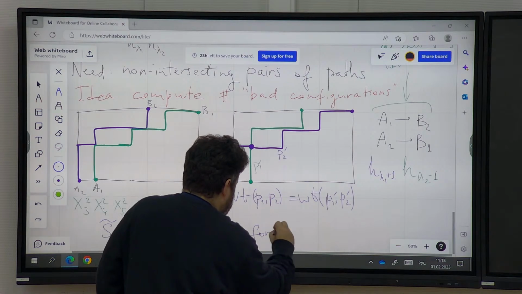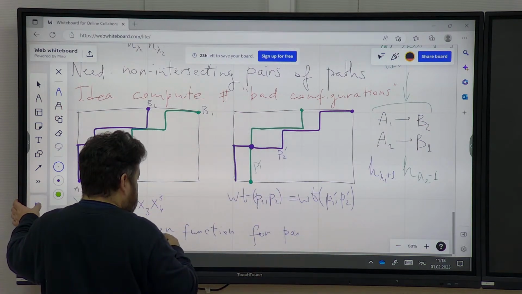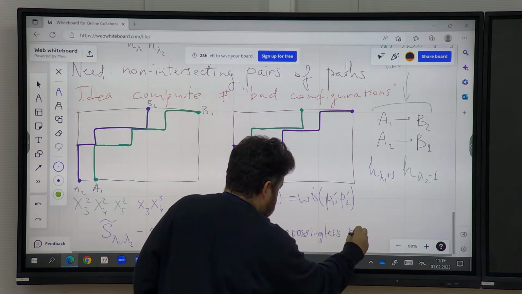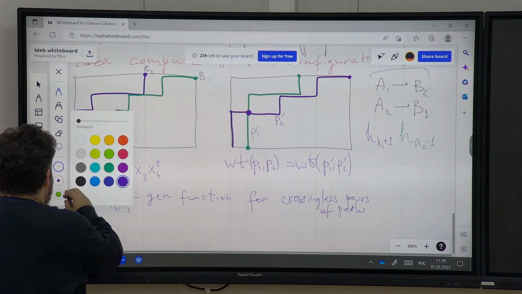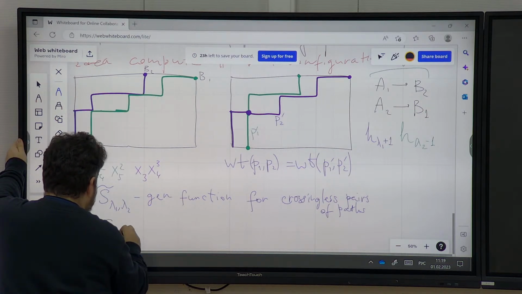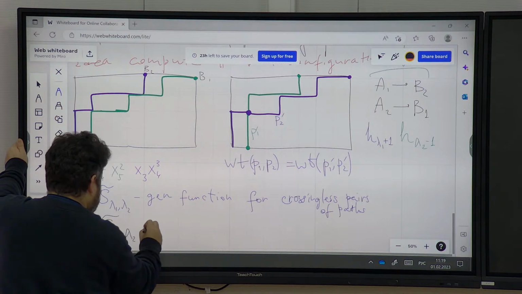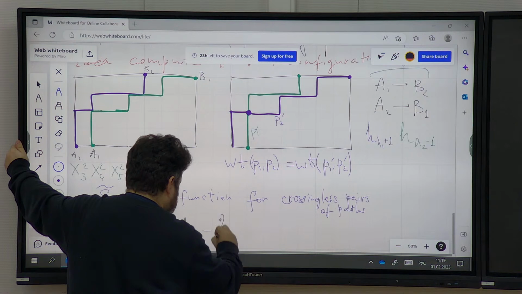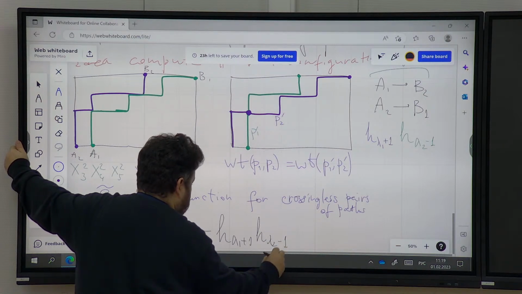for pairs of crossing paths. And now that we figured it out, I can probably call it a proposition that this is h lambda 1, h lambda 2 minus h lambda 1 plus 1, h lambda 2 minus 1.